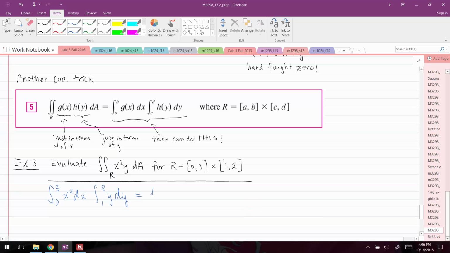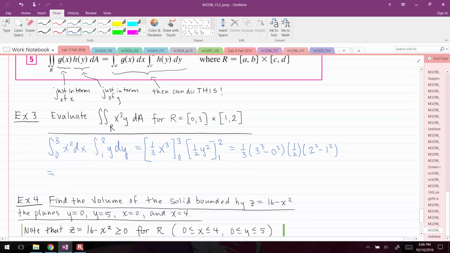So this is just 2 Calc 1 integrals. Figure them out. I get 1/3 times x cubed, and we still have to evaluate that. And then the other one, in terms of y, is going to be 1/2 y squared with its stuff that we're going to plug in. So we're going to get 1/3, I'm going to leave that out, and then 3 to the 3rd minus 0, and that's going to be times 1/2 times 2 squared minus 1 squared.